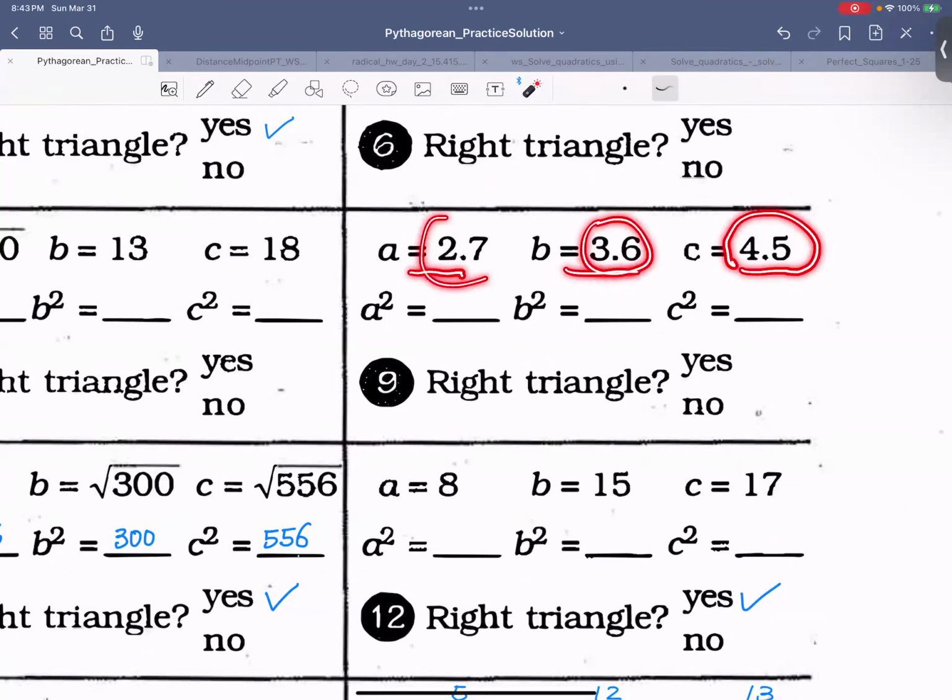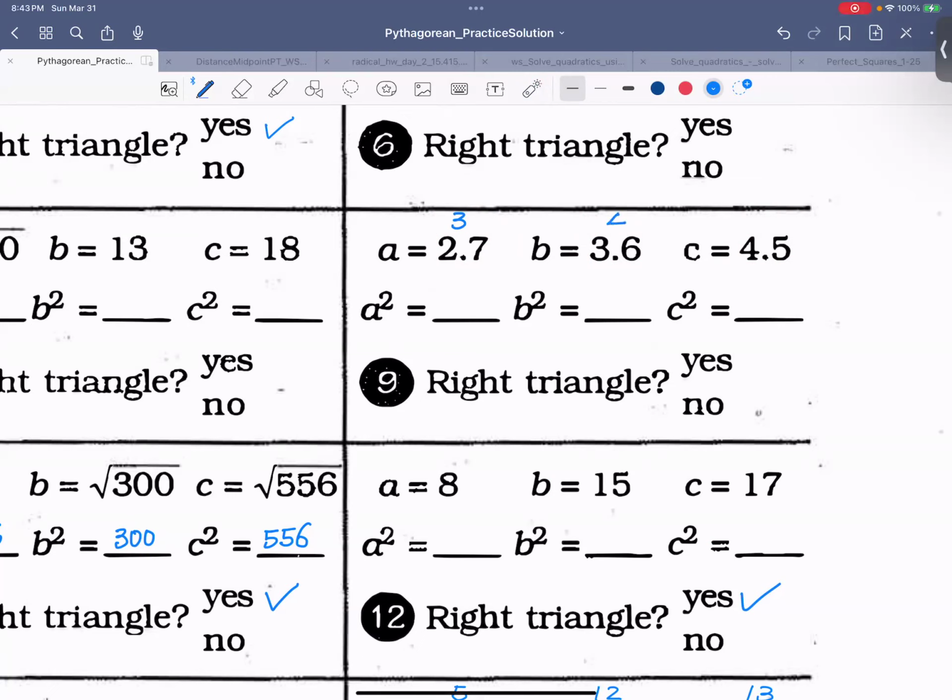Before you do the square, I want you to see all these 3 numbers are divisible by who? 3. Also divisible by? 9. Yes. Let's divide this by 0.9, it becomes 3.